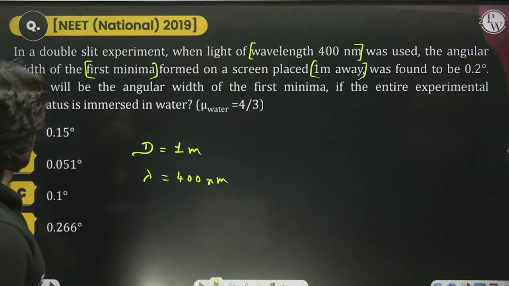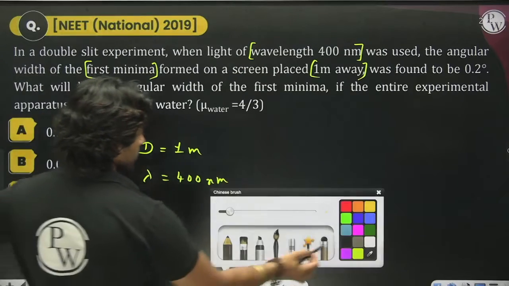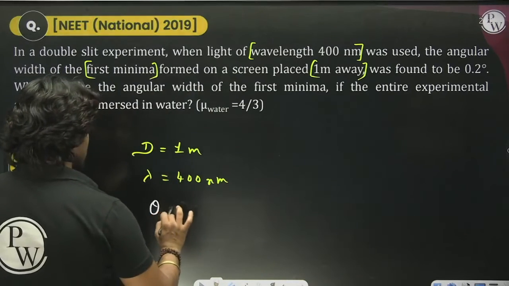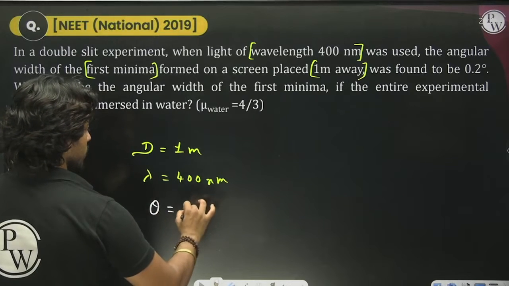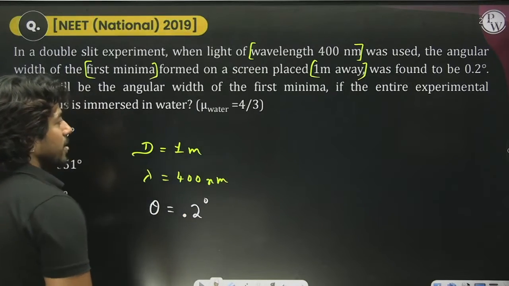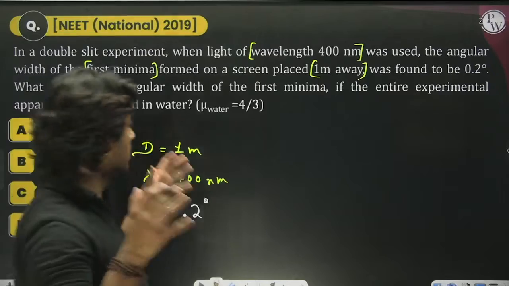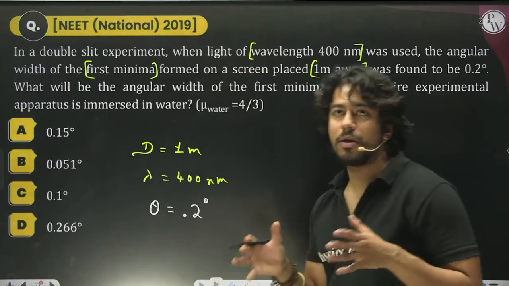The angular width is found to be 0.2, that means theta in this case is given as 0.2 degree. Now the entire setup is made to be immersed in water.